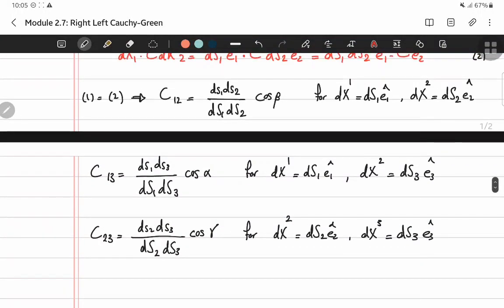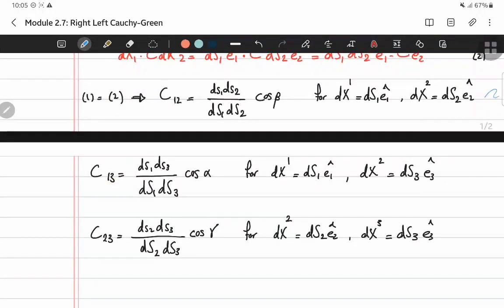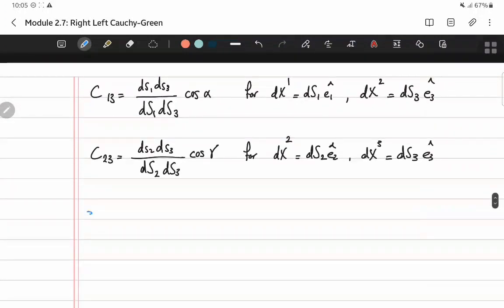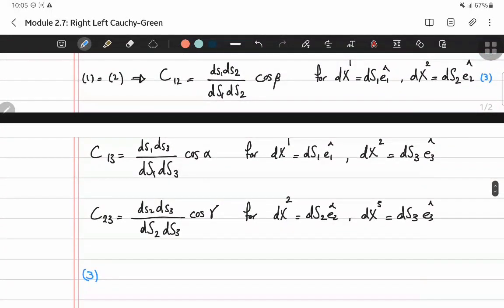There is one more thing in here. If we call this equation 3, from 3 we can get something also really interesting. We have C12 equal to ds1 divided by dS1, times ds2 divided by dS2, cosine beta.